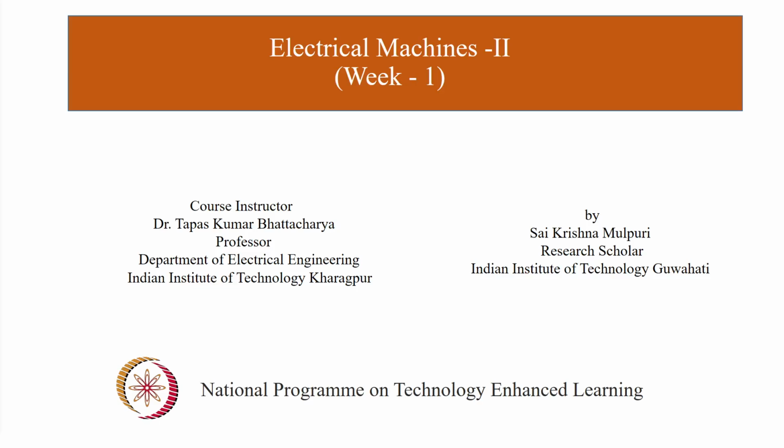When we study any electrical machine, we will try to draw its equivalent circuit. If you remember, even in the last electrical machines 1 course, there were equivalent circuits of particular machines, like the transformer equivalent circuit.